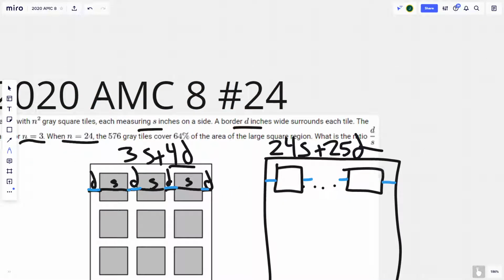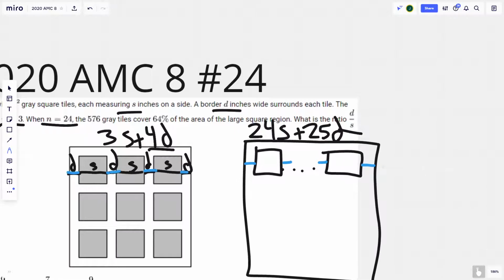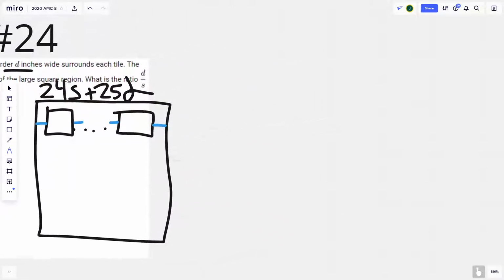So now that we have the side length of this large square for n equals 24, we can go ahead and use the last piece of information this problem gives us. The 576 gray square tiles cover 64% of the area. Using this, we can set up an equation because we have everything we need.